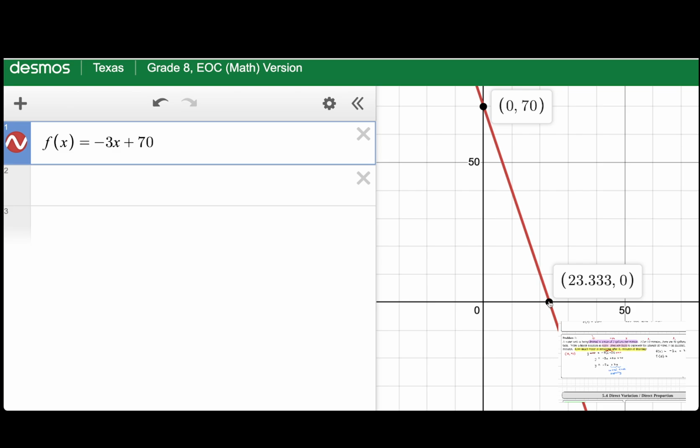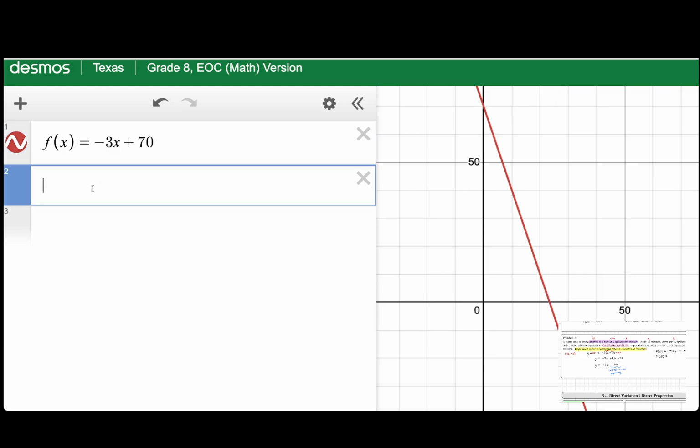At this part here, after about 23 and 1/3 minutes, or about 23 minutes and 20 seconds, the tank would be completely empty. But we want to figure out what it is after 12 minutes, right? Or was it 15? It was 15 minutes. So a couple of ways that we could do that.